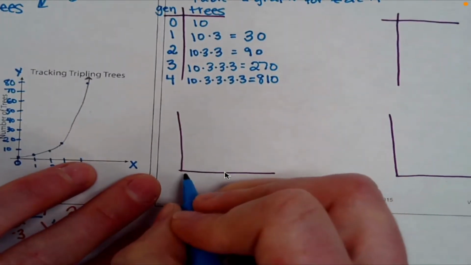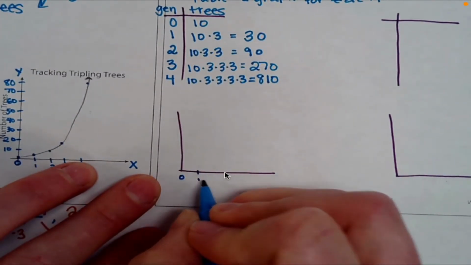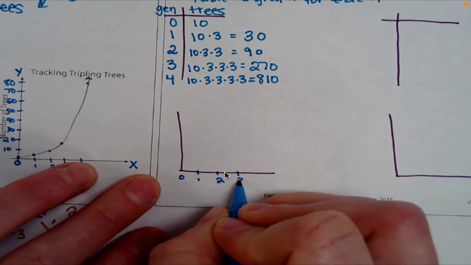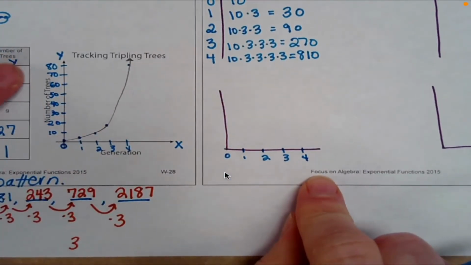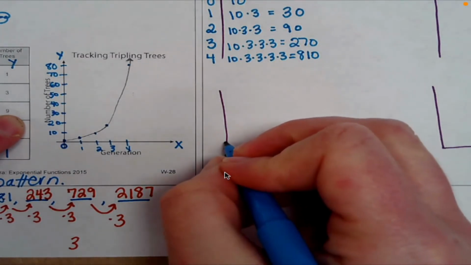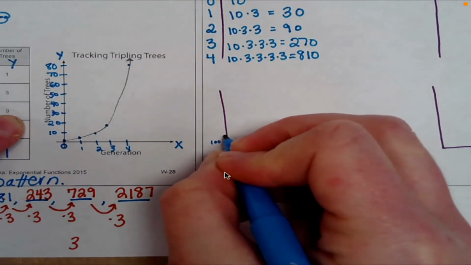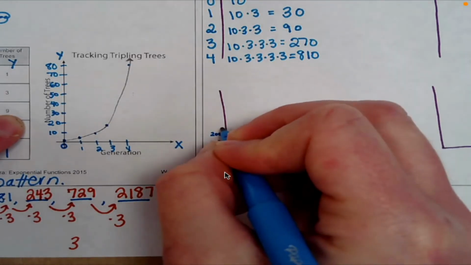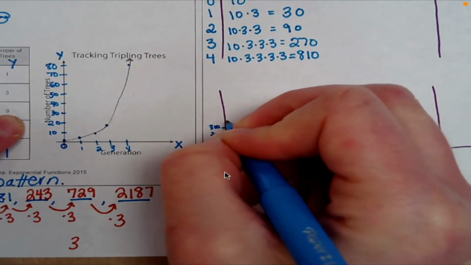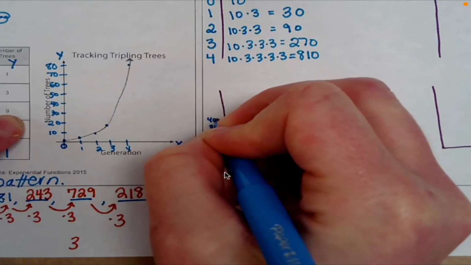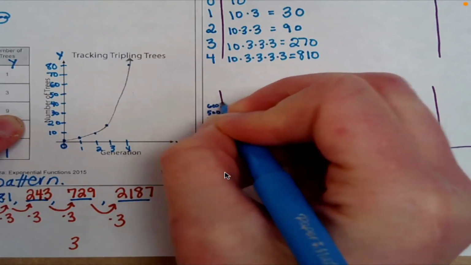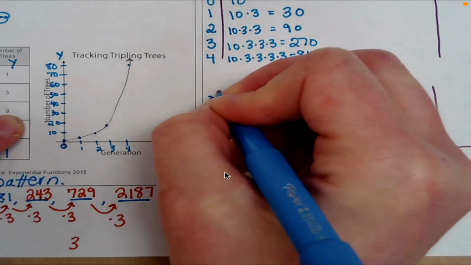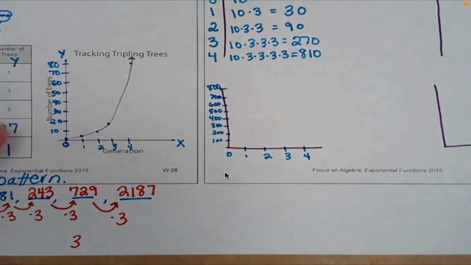All right, so if we were to do it on here, 0, 1, 2, 3, 4. So kind of like we did the other one, but I'd probably go by hundreds. 100, 200, 300, 400, 500, 600, 700, and 800.